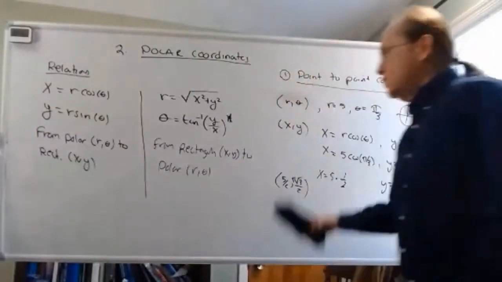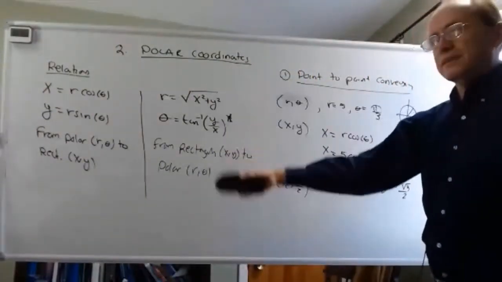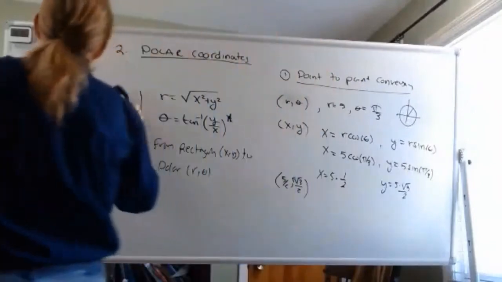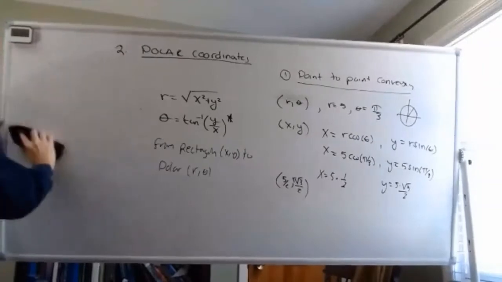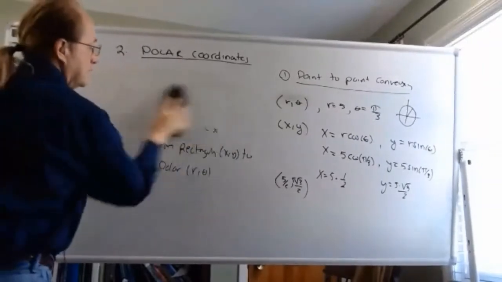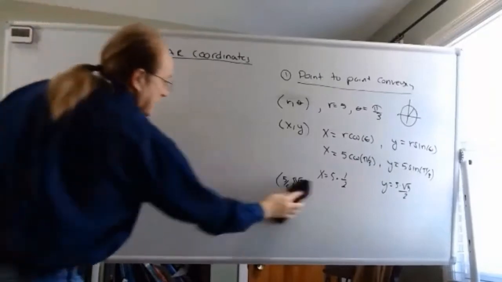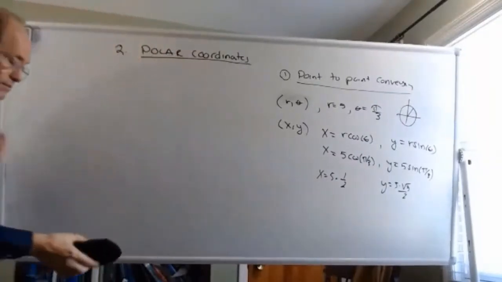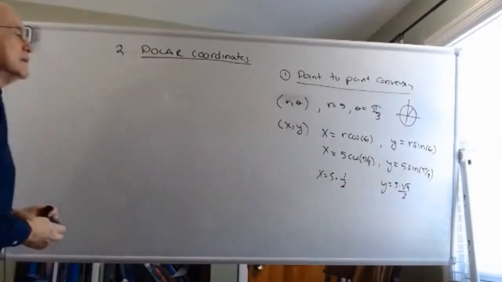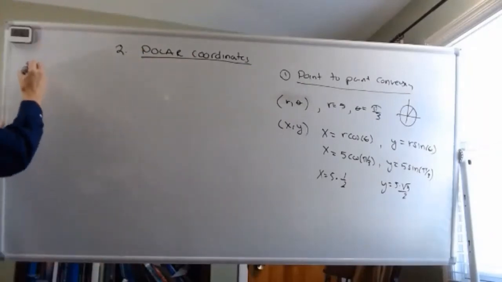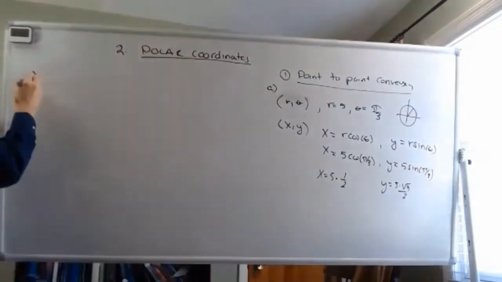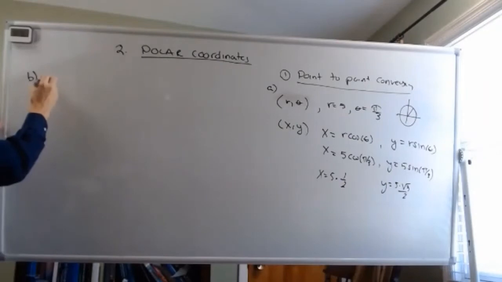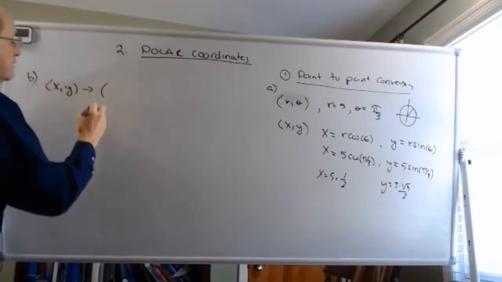Okay, now let's do the other set of equations. This is where it gets a little more problematic. And let's do this one as an approximate one. This is example A, and here's example B. So now I will have an x comma y, which let's say is given to us.